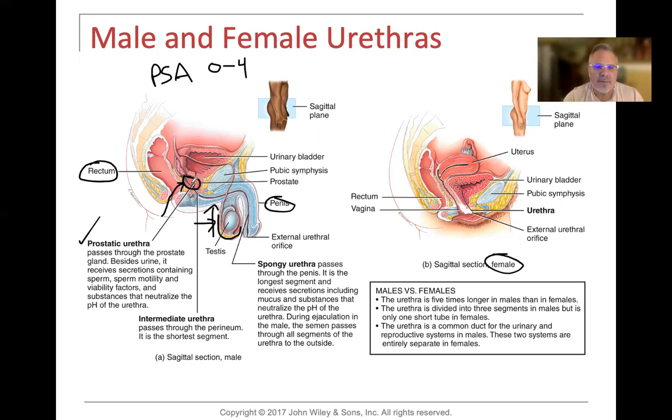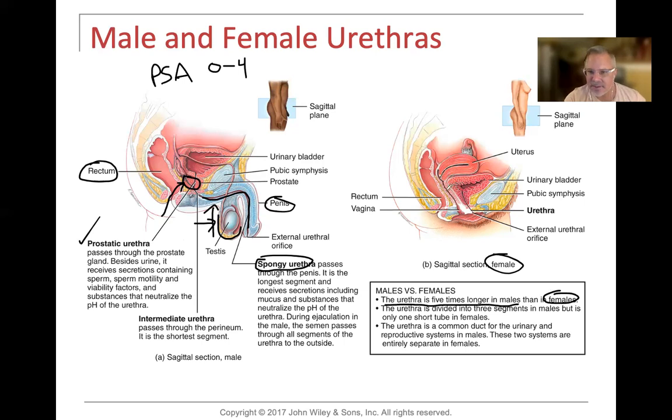So you have the prostatic urethra, and then going through the shaft of the penis is now the spongy urethra. Okay, and you could see that the urethra is quite long in the male compared to the female. If we look at the contrast, the urethra is 5 times longer in the male than in the female.